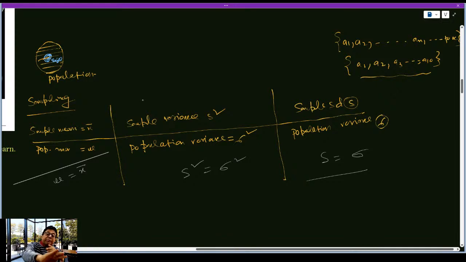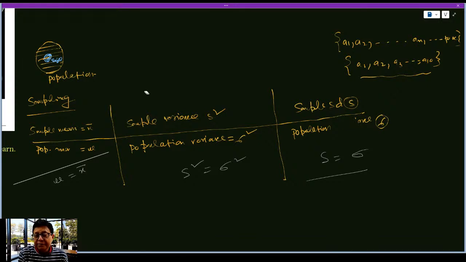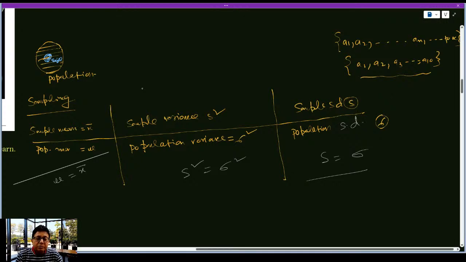By calculating sample mean, sample variance, sample SD, you have stated about population mean, population variance, population standard deviation. This method is called estimation. We are estimating these quantities about the population by knowing all those three quantities of the sample.